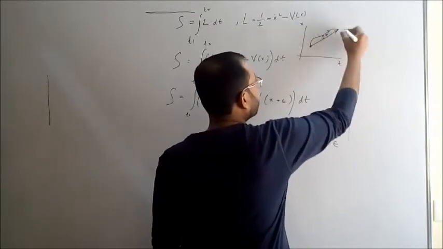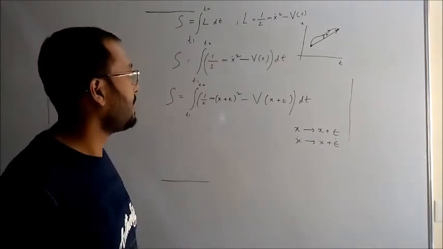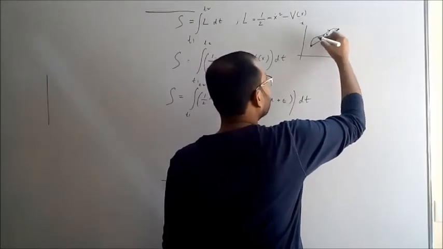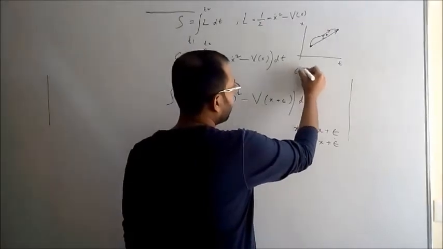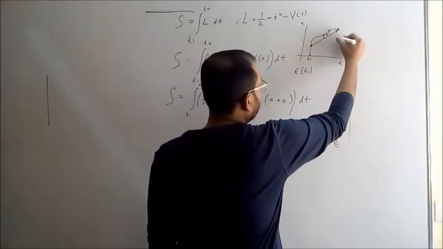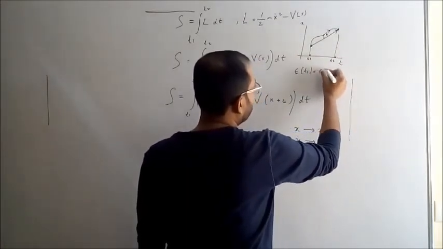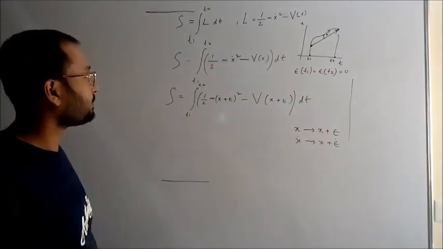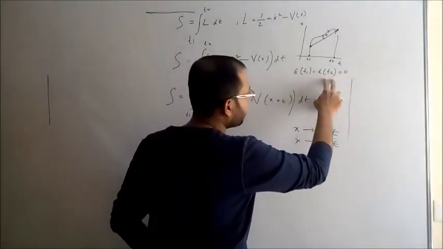The endpoints are fixed. I can't change the endpoints. The endpoints were given to me in the problem itself. So the endpoints are fixed. All the points that come in between, they can be shifted. So epsilon at t1, t1 being this time, and epsilon at t2, t2 being this time, they are both 0 because the endpoints are not being changed. So there is no variation of position at the endpoints at t1 and t2.